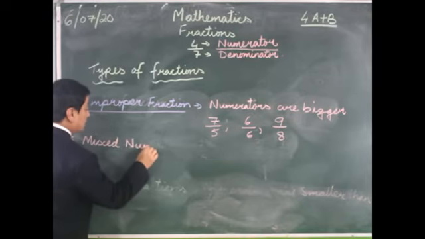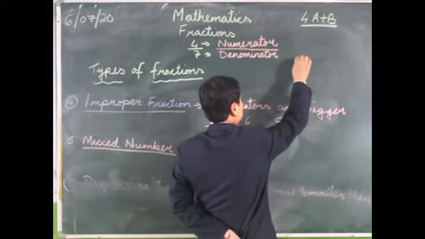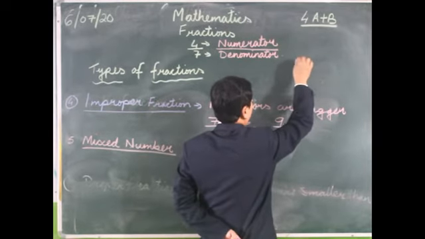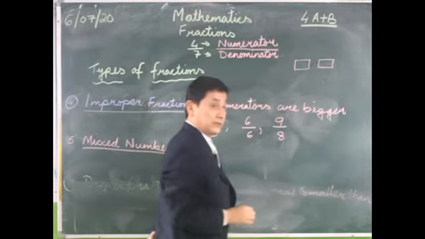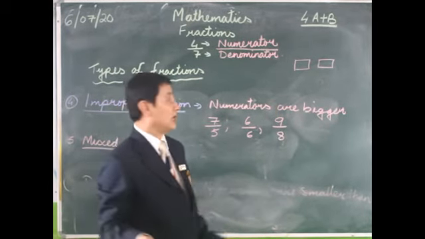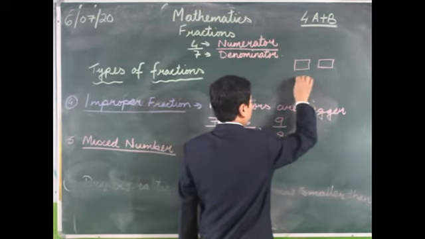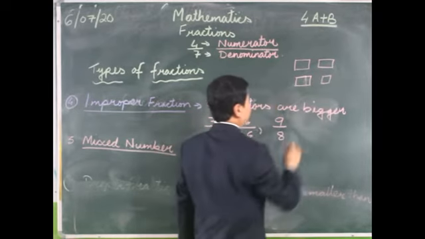Okay? And then next we have mixed number or mixed fraction. For this, let me explain now. Just say you have 2 sweets or 2 chocolates. Okay? You have 2 chocolates, and after some time, you have eaten half of one. So you have 1 chocolate left, and you have eaten half of this.